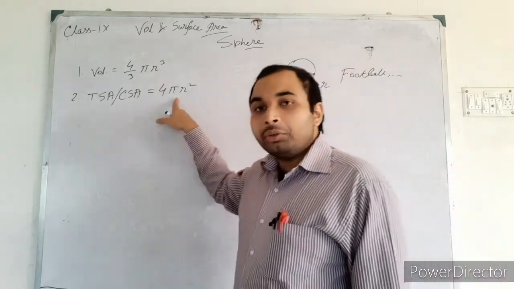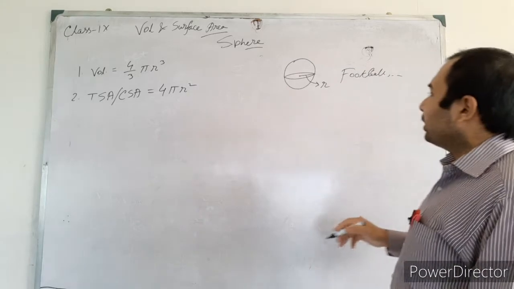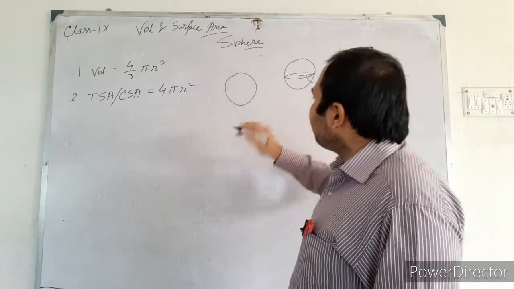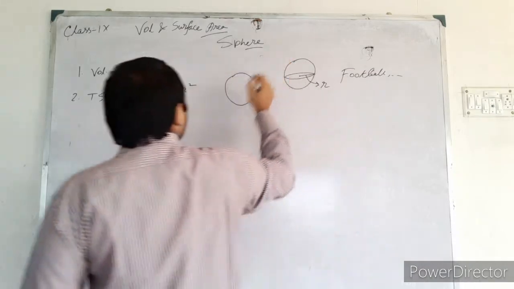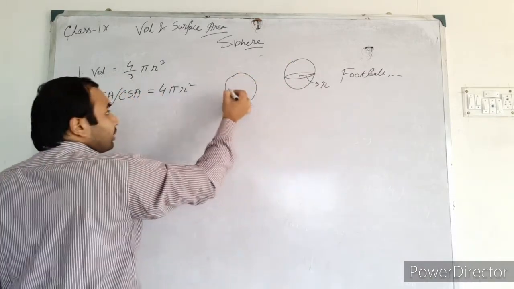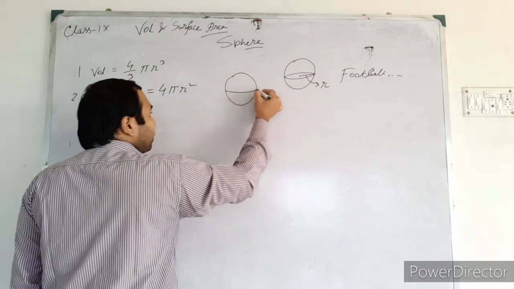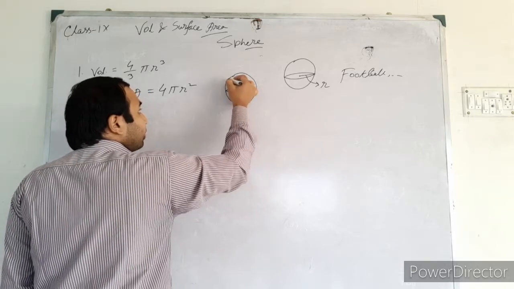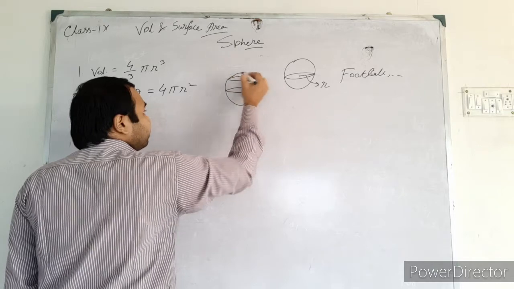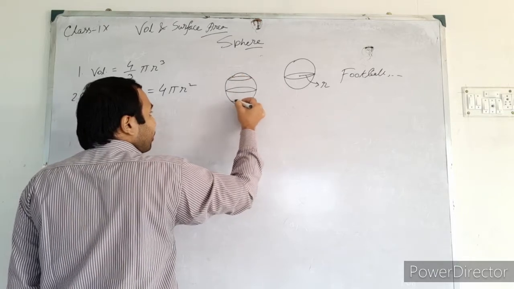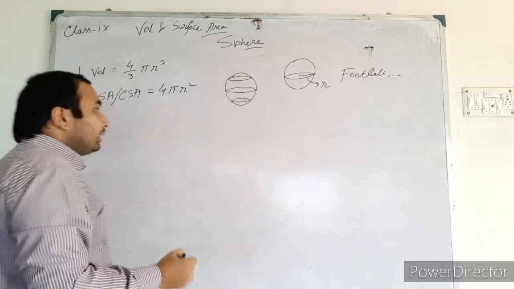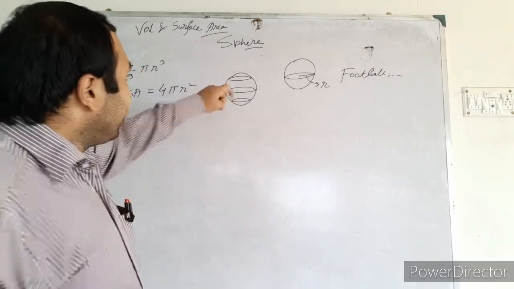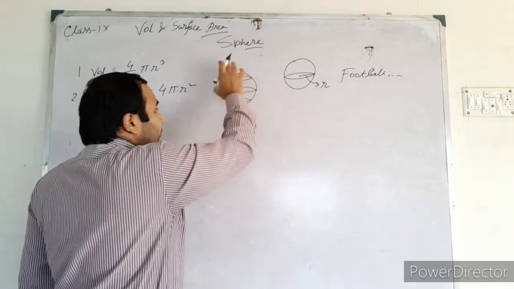Now it is 4 pi r square. How will you keep that in mind? Just for memorizing, this doesn't have any logic, it is just for keeping it in mind. I am drawing one very popular diagram of geography. I think this diagram is very popular to you. So here 4 circles are there.